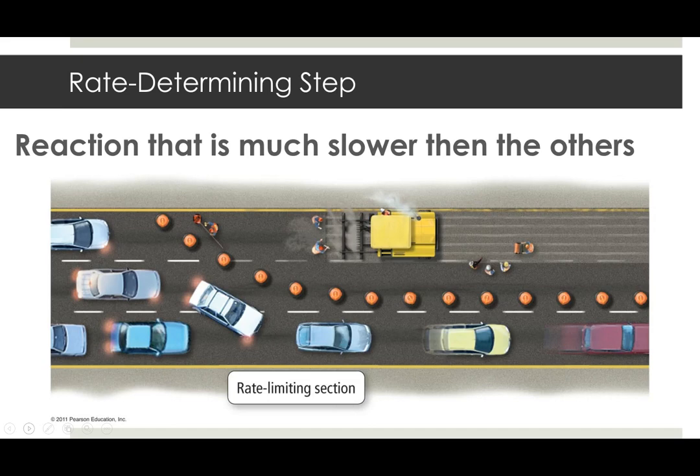Okay. So as I talked about before, there's going to be a step that's called the rate limiting or rate determining step. So the rate limiting or the rate determining step is going to be the elementary reaction that's much slower than the other ones. This is not going to be something that I have you guys memorize.